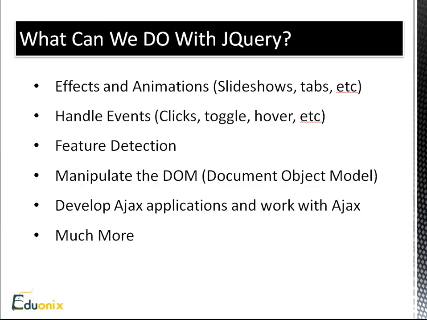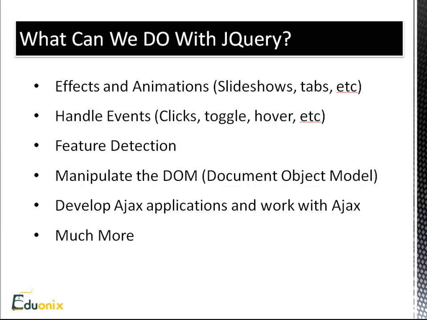jQuery is used to handle events, so clicks, toggles, hovers, mouse up and down, scrolling. We can do all different kinds of things with events. Feature detection, so let's say we want to use the HTML5 geolocation feature, we can use jQuery to see if that browser can actually handle or support that feature.